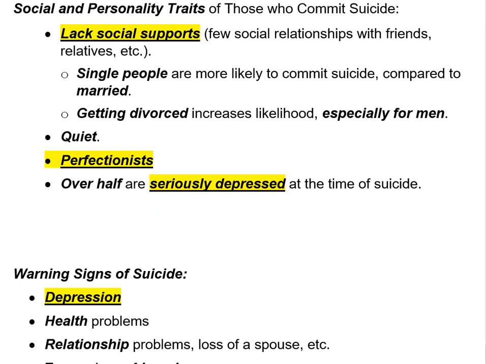Some of the things you're going to hear in this bit will be redundant to things you've already heard, but a few of them will be new items that I haven't mentioned before. When researchers do these psychological autopsies, they ask what were the things that hinted that this person was thinking about suicide? Some of these were not really noticed by friends and relatives.